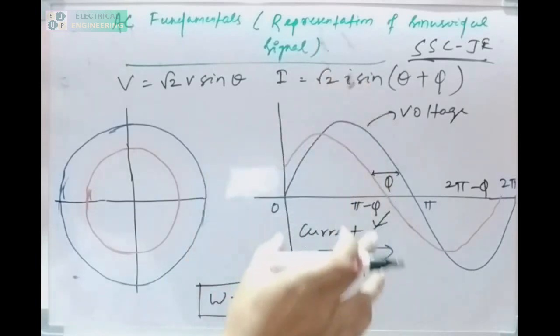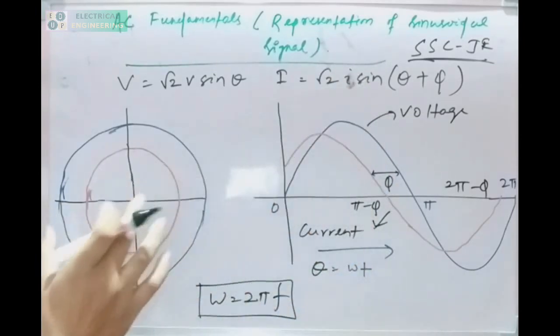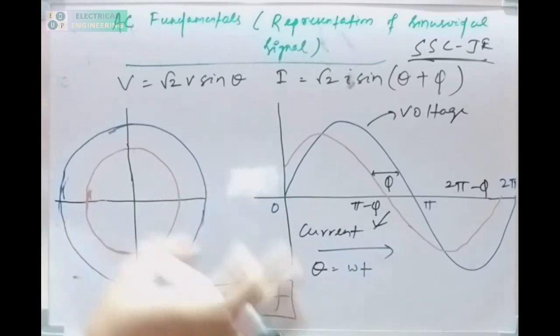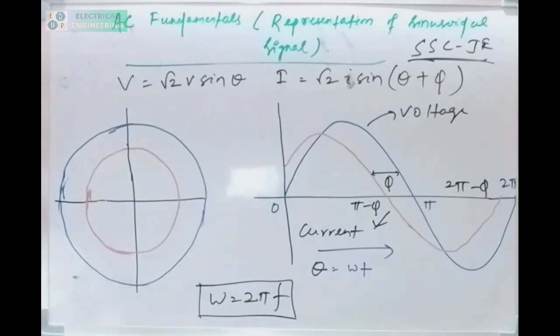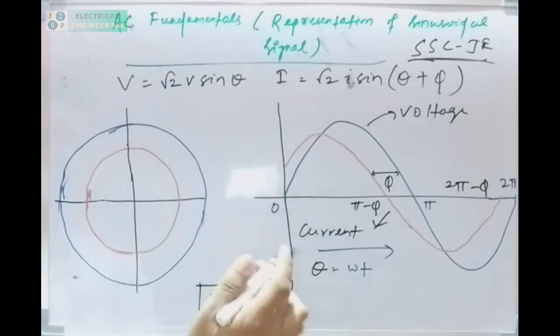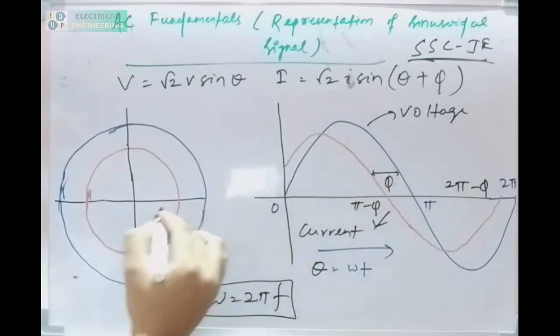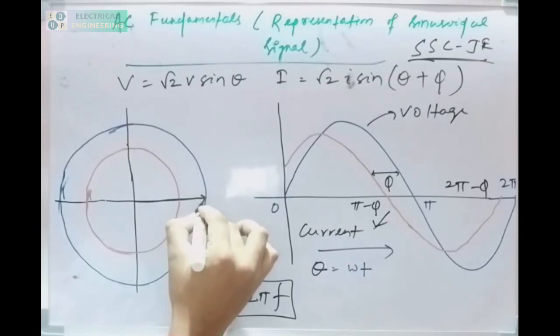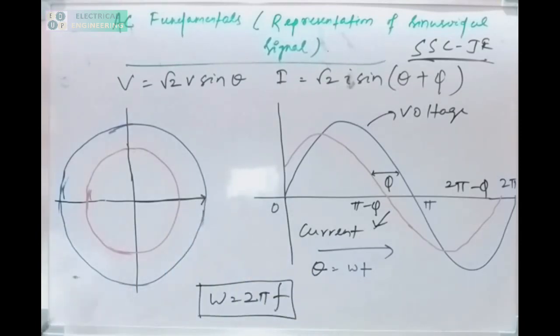You can also represent it as a phasor diagram. A phasor diagram contains two things: one is the phasor line, another is the phase angle. Let us draw this. At this instant, voltage has a zero value, so you can draw a phasor line like this for voltage, because it is a zero line.